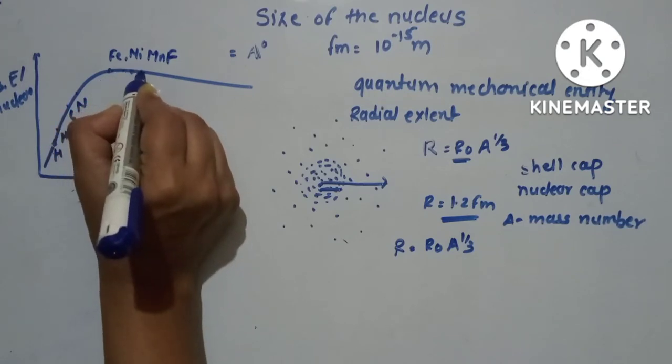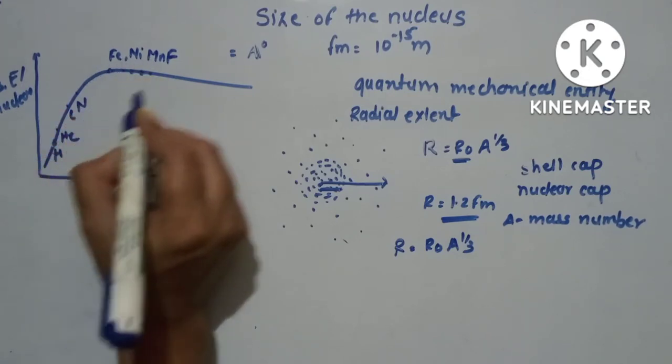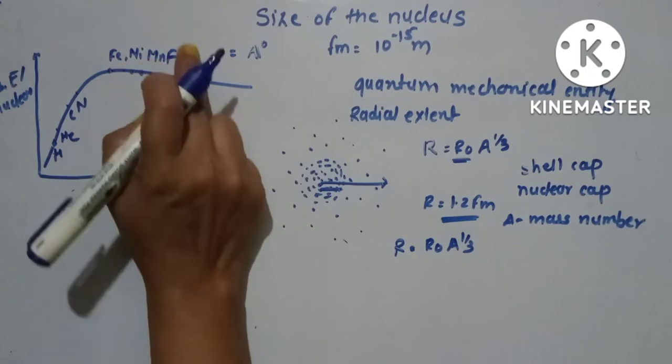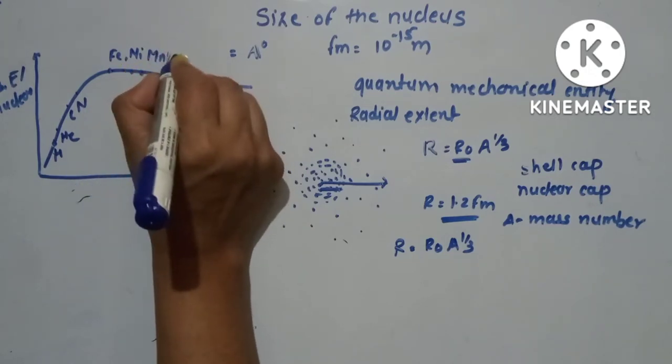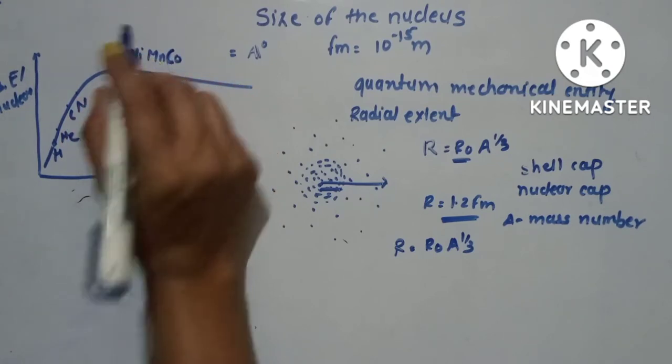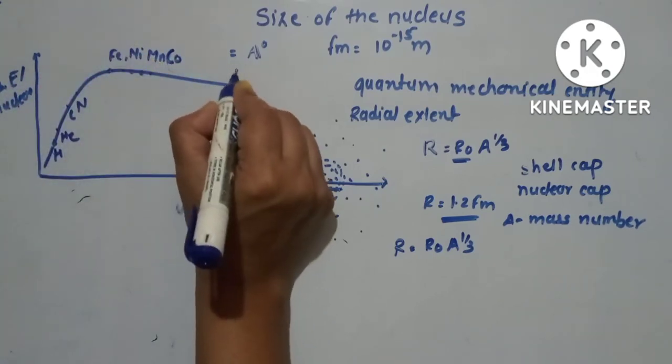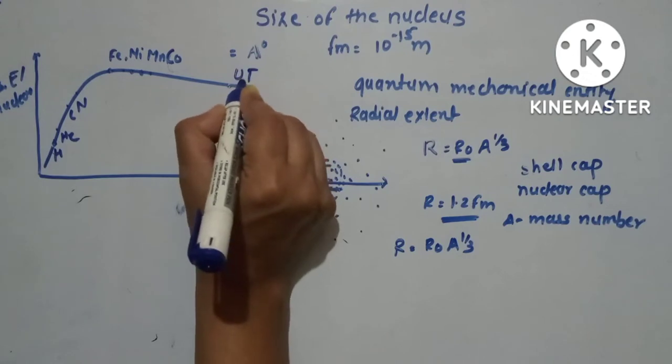These transition metals are lying over here, and some uranium and sodium are somewhere like here.